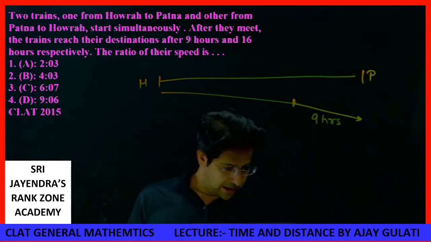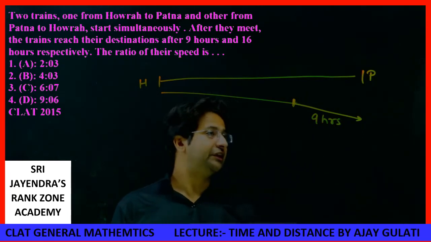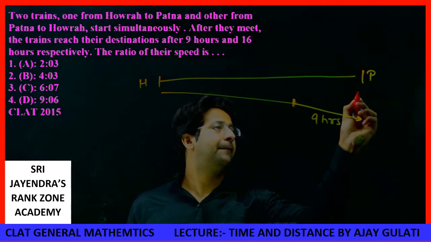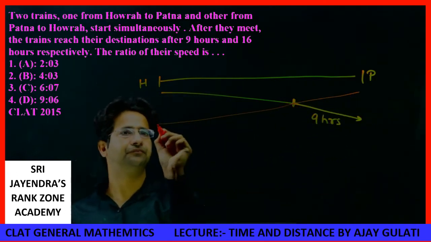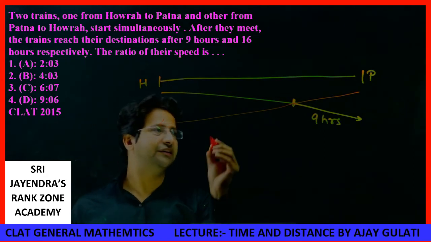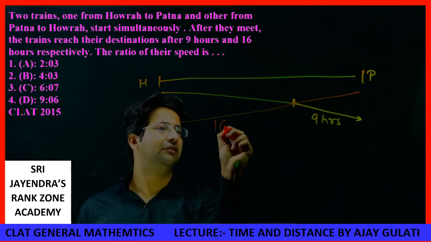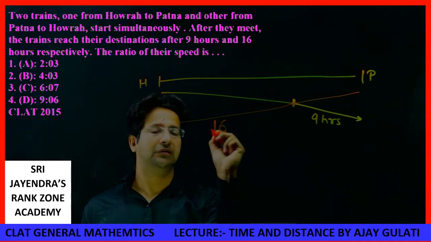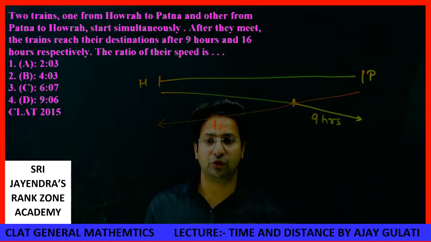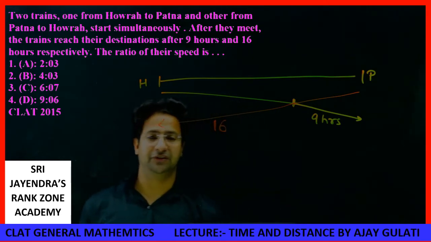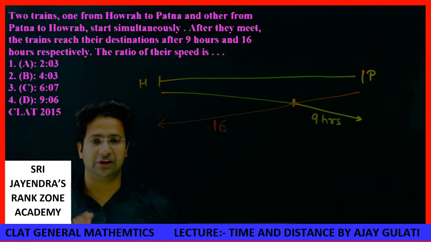And this other train which started from here, it met this train. After meeting, it reached its destination in 16 hours. We have to tell the ratio of their speeds.